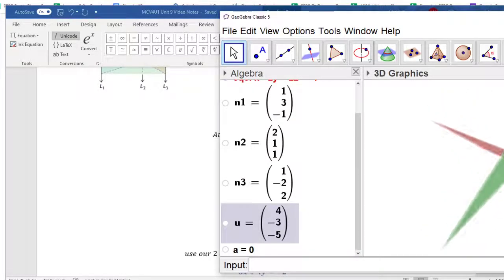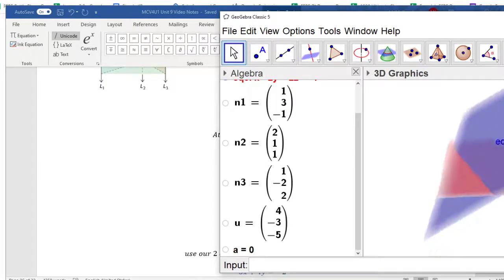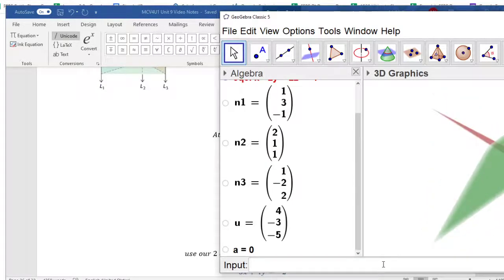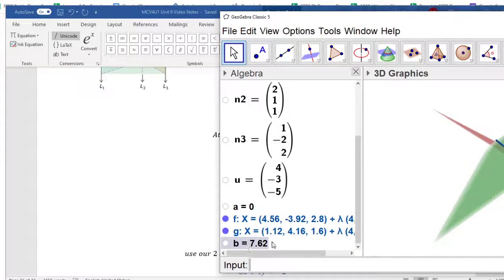It's sort of because the three normals are coplanar and they all exist on a common plane. So you're looking at case 6 and there's no intersection. So once again, if we intersect EQ1 with EQ2 and then intersect EQ2 with EQ3 and then we type distance FG, we see that F and G, the closest they ever get together is 7.62, which means the solution to one set of planes and the solution to another set of planes never touch, and therefore there is no solution that is common to all three of them, right?